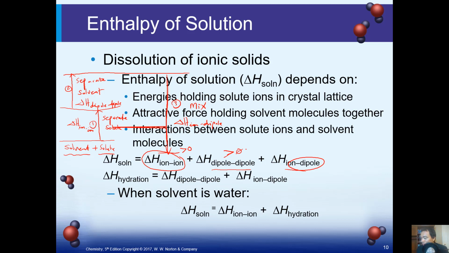And the last step, the ion dipole, the enthalpy in that process is going to be negative. That's exactly why the ions and the solvent molecules, the polar molecules, will mix, because you give off energy in the last step.